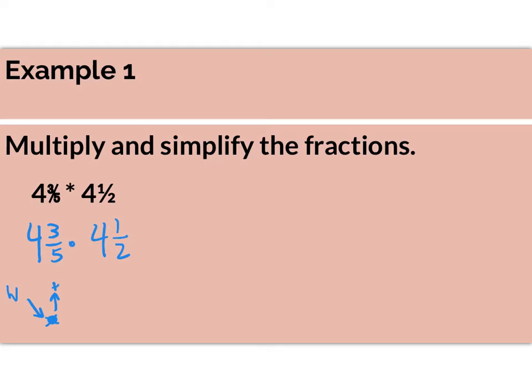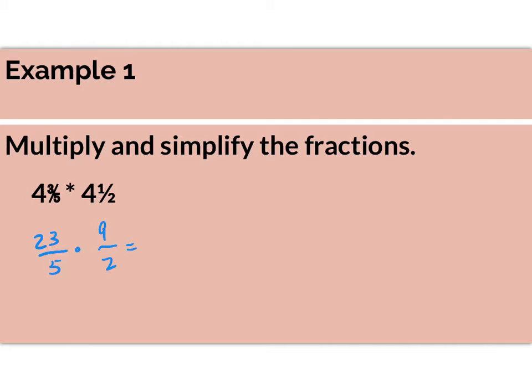So 4 times 5 is 20, plus 3 is 23 over 5 times 4 times 2 is 8, plus 1 is 9, 9 halves. Okay, so from the previous page, we've had 23 over 5 times 9 over 2.